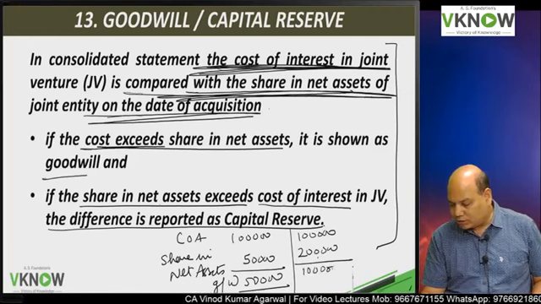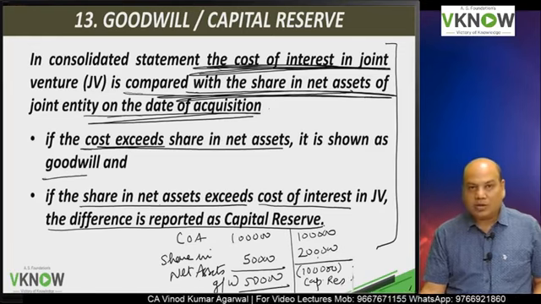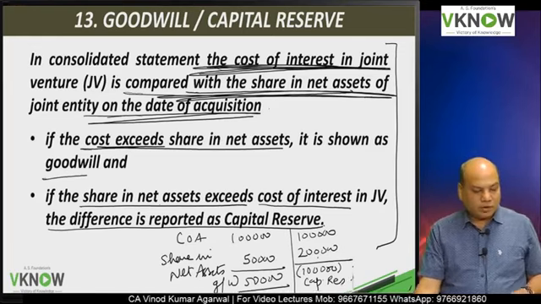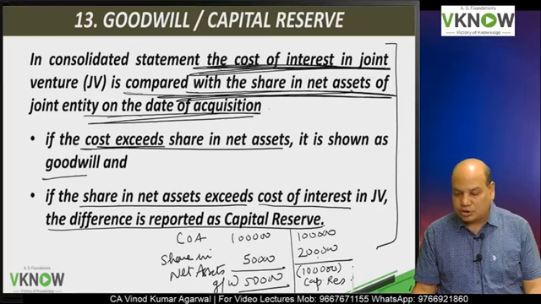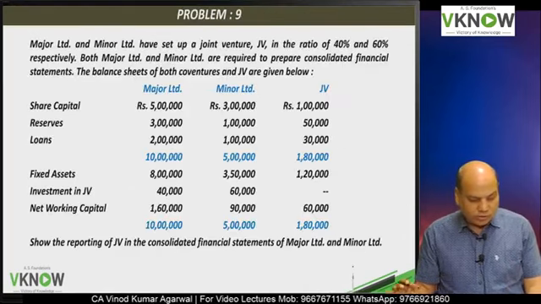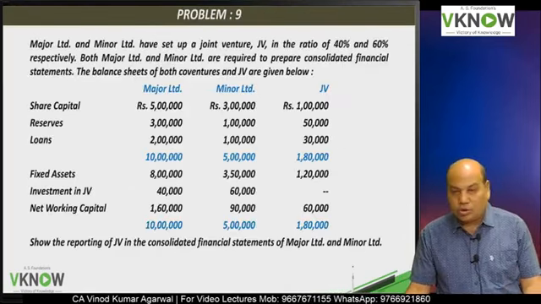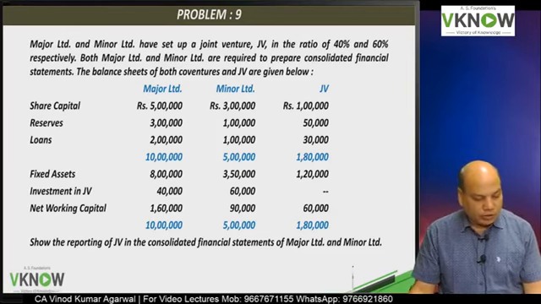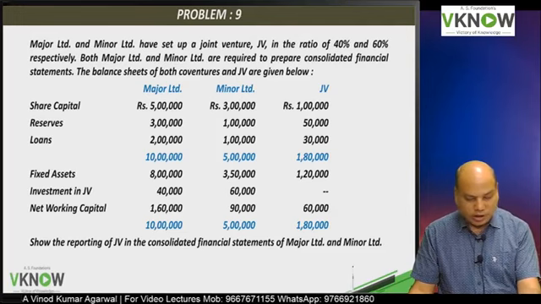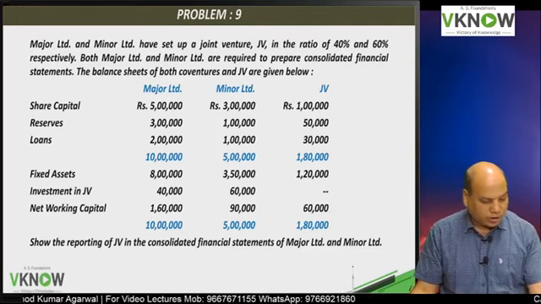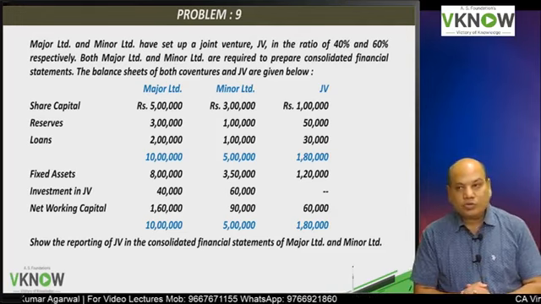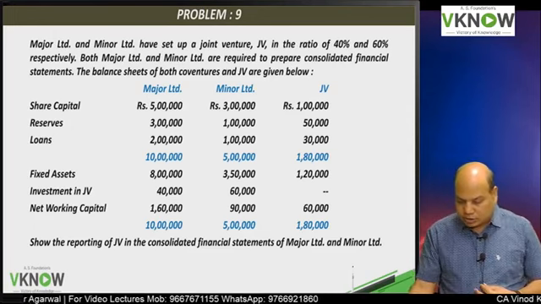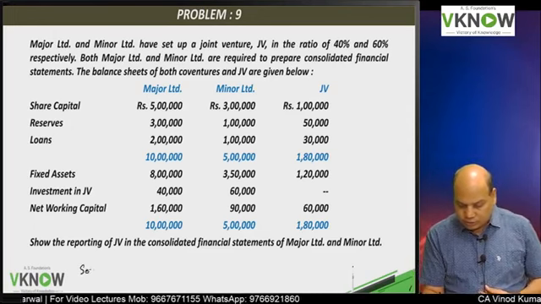So 1 lakh difference, this we will call capital reserve. So the same format will be followed, we will solve some questions, you will get it. So let us first solve one question on the proportionate consolidation method. You will find this question number 9 in your book after 2 or 3 or 4 pages. So all of you please come to question number 9. Source, write down the reference book.